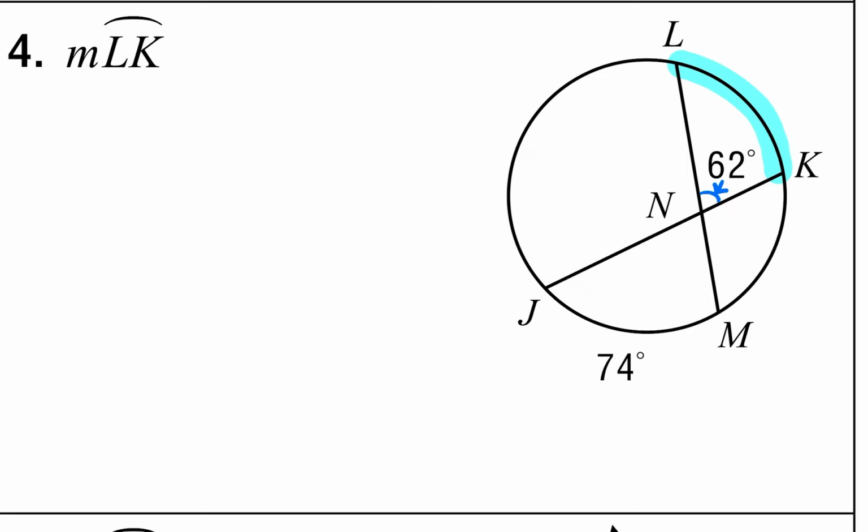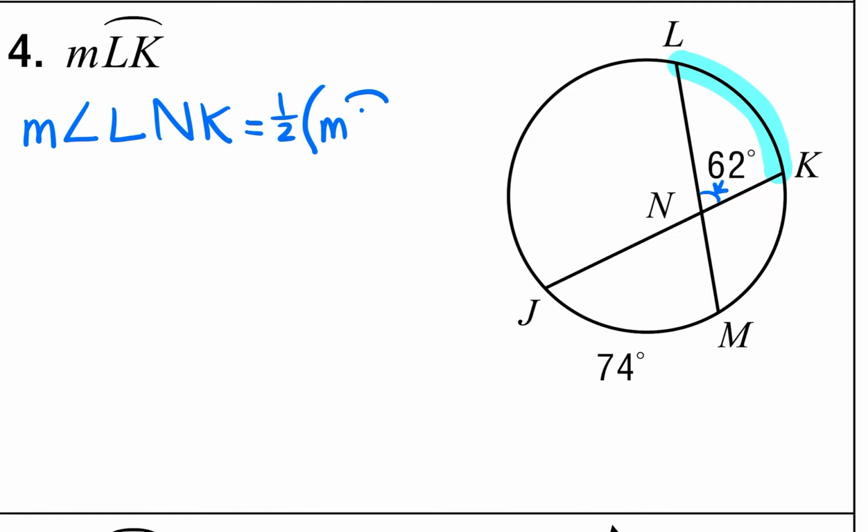Let's say the measurement of angle L and K, it's really important to understand this part, right? The measurement of angle L and K is equal to 1/2 of the measurement of arc JM plus the measurement of arc LK.